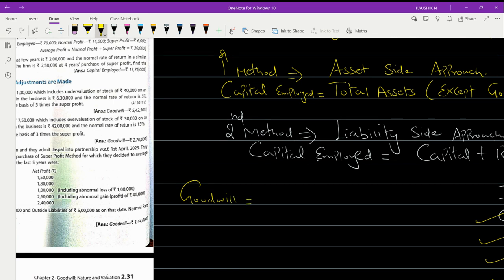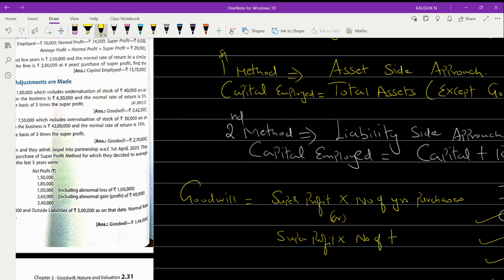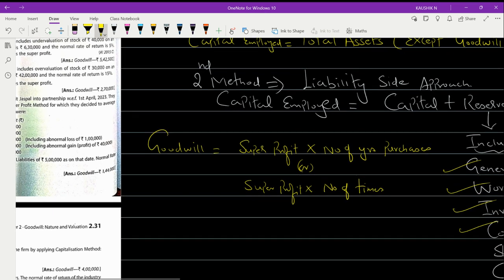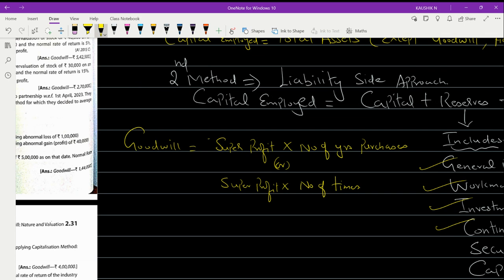Goodwill is equal to the amount of super profit into number of years' purchases, or super profit into number of times. If the problem gives number of years' purchases, then use the first one. Or if the question mentions number of times, then use number of times accordingly. Is this clear to you?